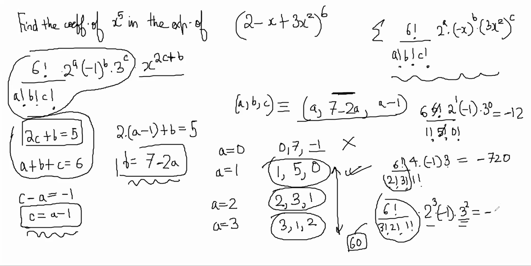So 432 minus 720 and minus 12. Add up all of them, and it becomes minus 5040, 5052? That is the answer.